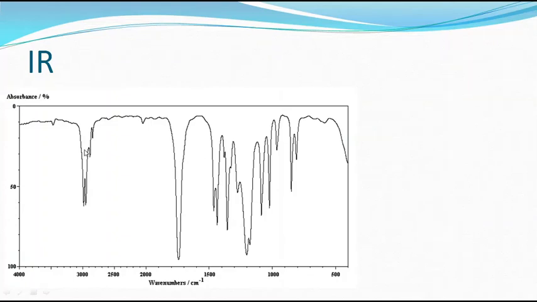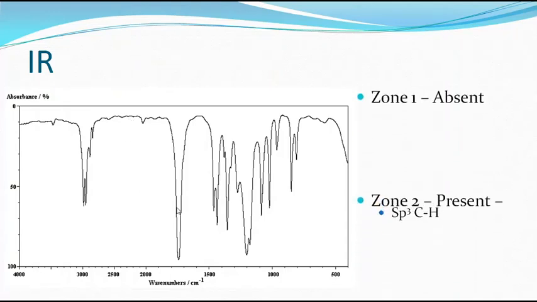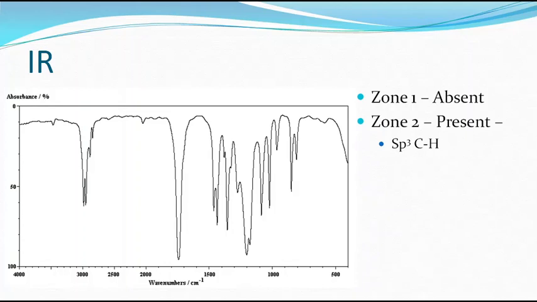If you see the IR, zone 1 is absent, zone 2 is present, zone 3 is absent and zone 4 is present. Zone 2 looks like sp3 CH because it is just below 3000, not above 3000, and there is no unsaturated CH stretching.